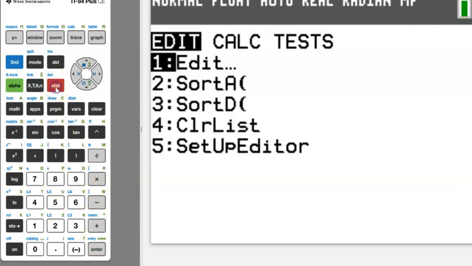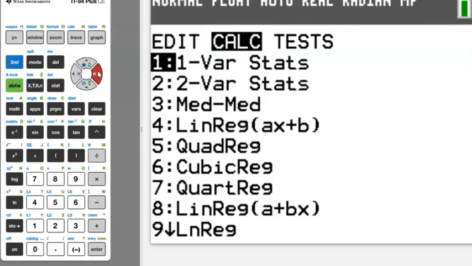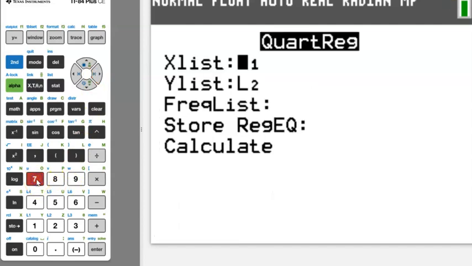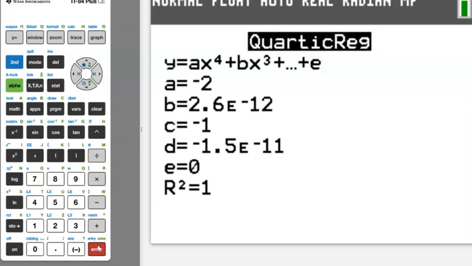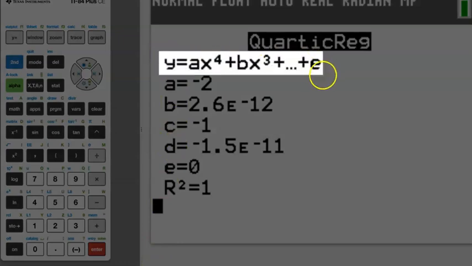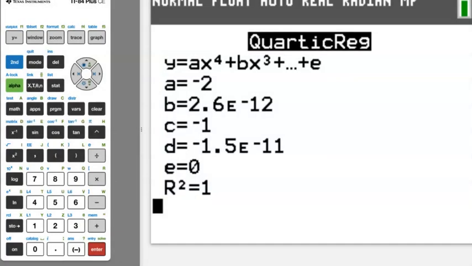So you go back to start and scroll to the right, calculate. We want quartic regression, option 7. So confirm list 1, list 2, and then you go to calculate, and you can see it gives you the required solution here. It starts by first of all showing you what a quartic function looks like, and then you now go ahead and read the values.